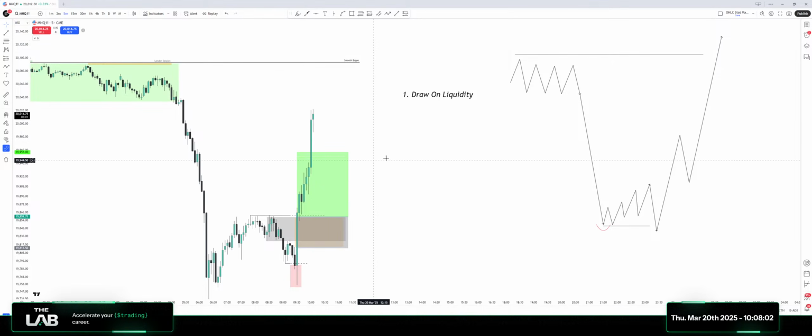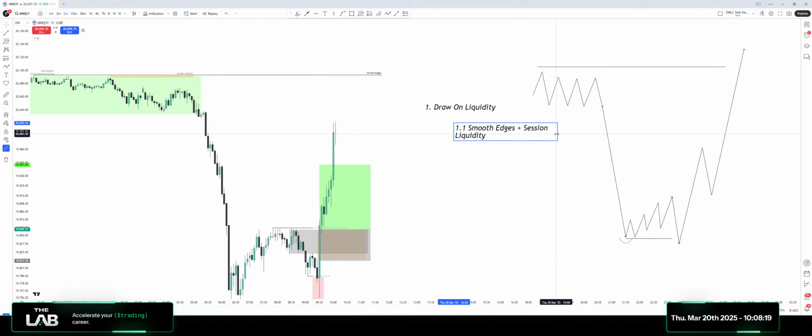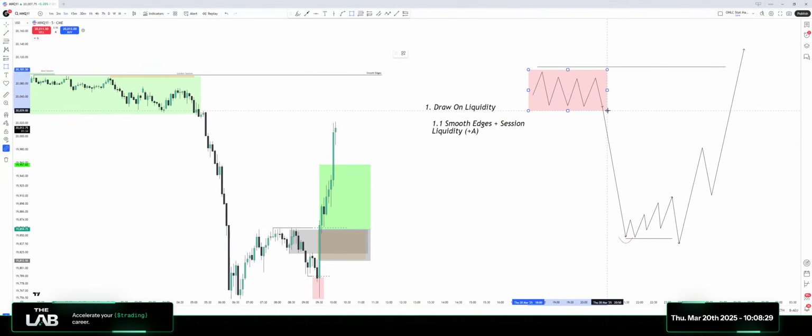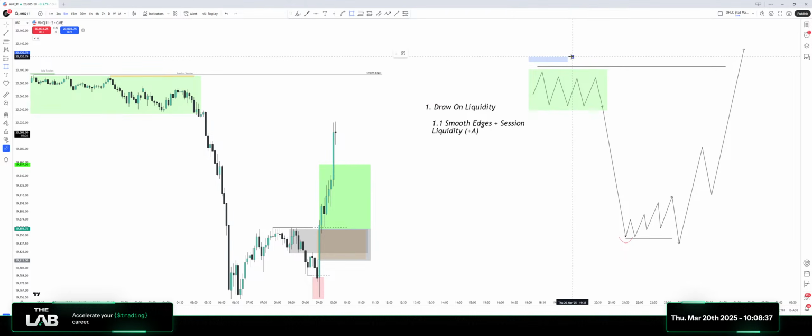So my draw becomes A plus liquidity when those smooth edges that we are talking about here are aligned with session liquidity.